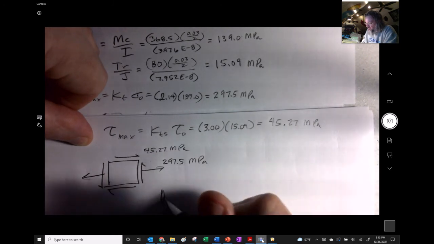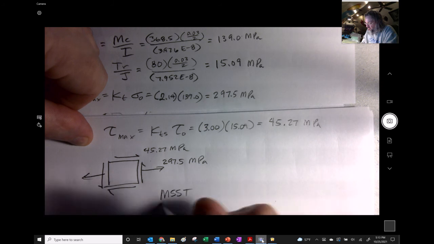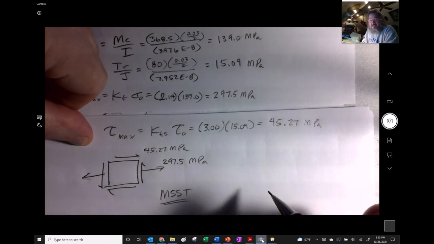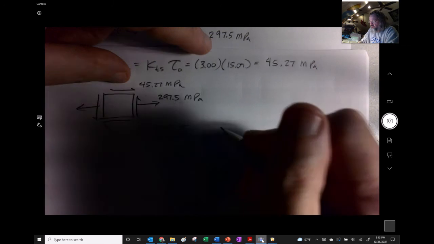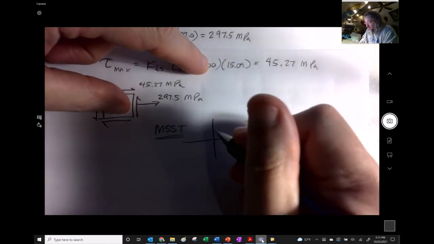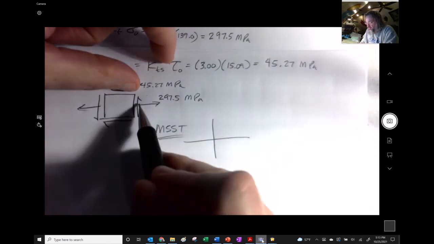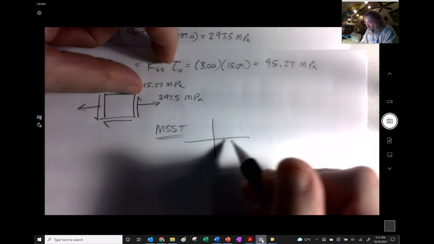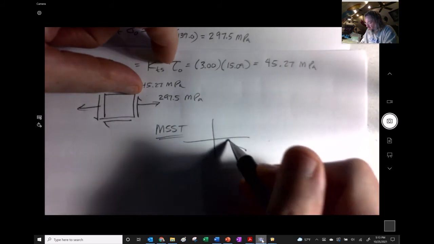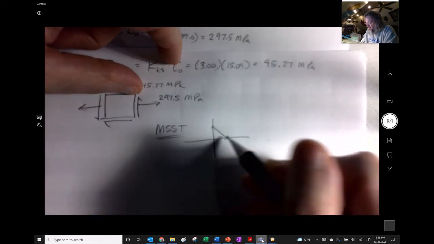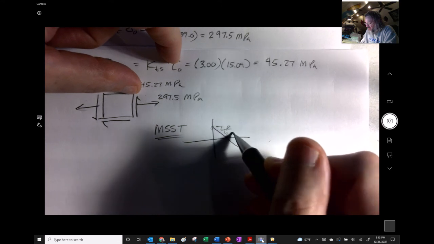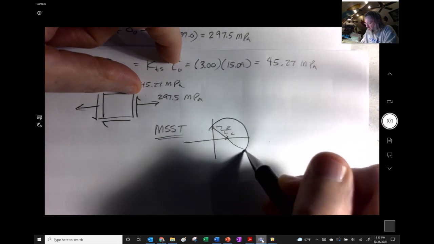So for the maximum shear stress theory, we can do more circle. It doesn't hurt us at all. If I was going to do this one correctly, I think that means this guy would go down here and down here. And so there's going to be our R, and there's our C.